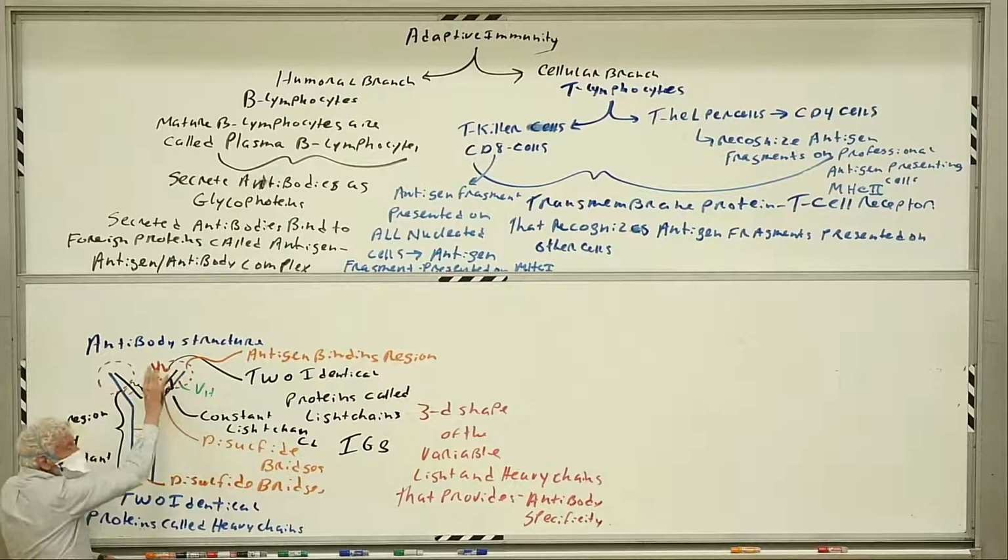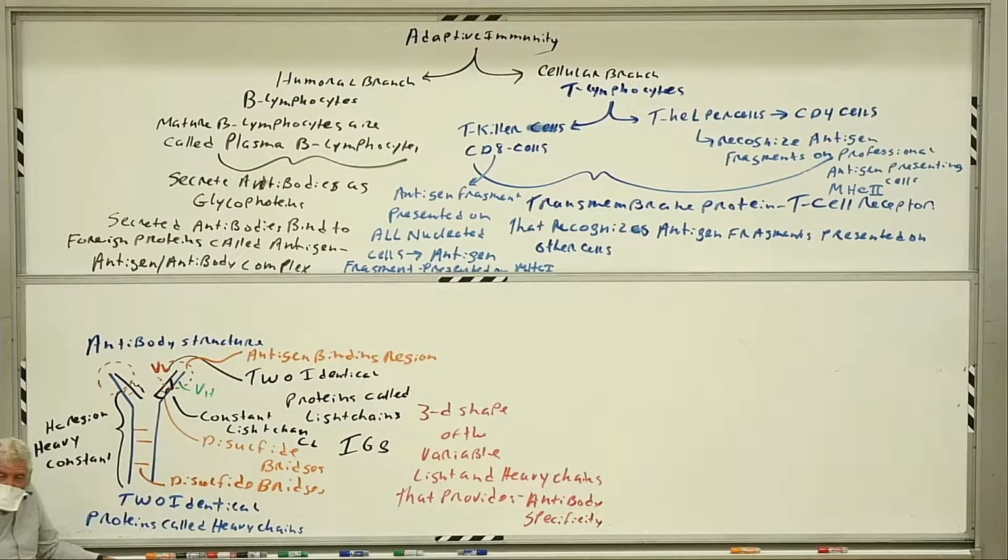So there's a particular three-dimensional shape out here that will fit precisely with an antigen. That's where the specificity comes from.